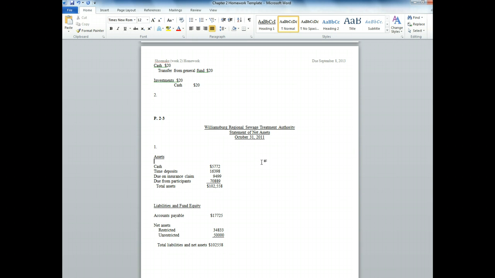Most of the liquid assets are pretty restricted. So the consolidated statement gives, in a way, a distorted view of the true ability to meet obligations, because a lot of these assets are not available yet. They're due from the participants. So the unconsolidated statement really probably overall gives a better picture.